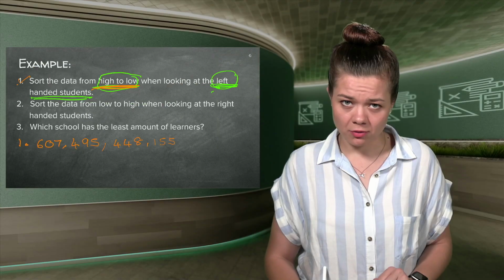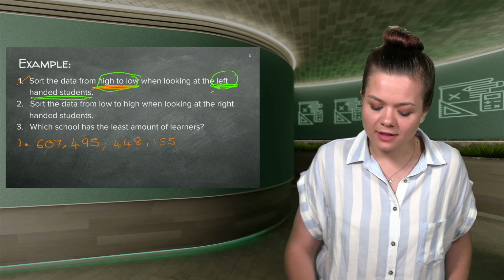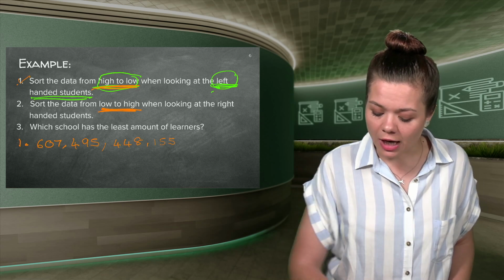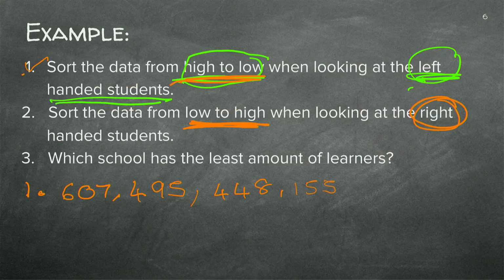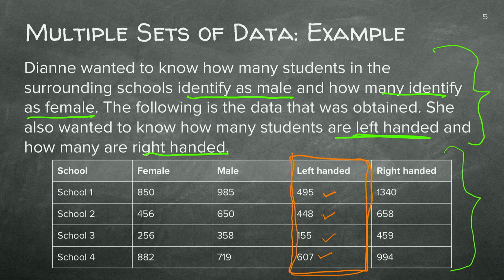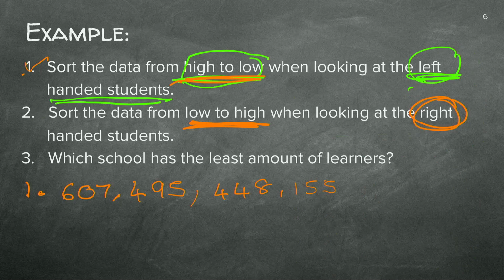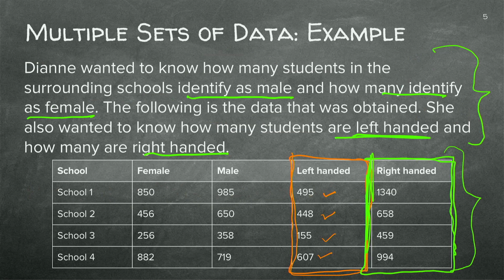Now, looking at our second question, it says, sort the data from low to high, looking at the right-handed students. Let's go back to our table. Now we are working with the right-handed students, and I'm going to indicate this column with green, so we know which set of data we are working with. Again, remember, low to high. So our lowest number is 459.